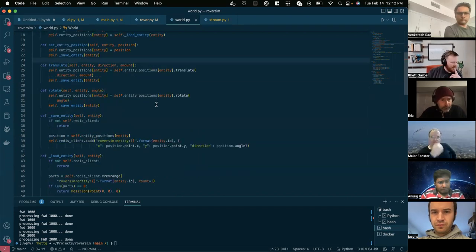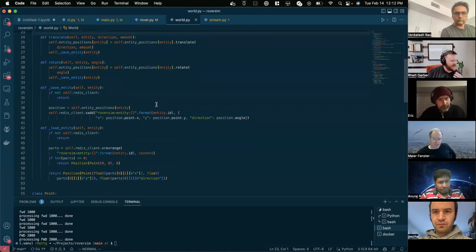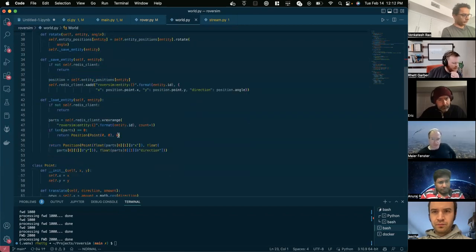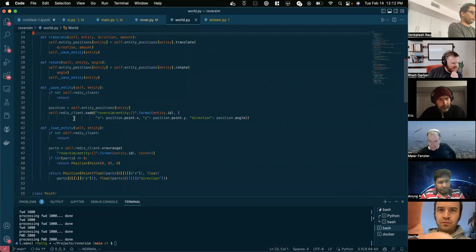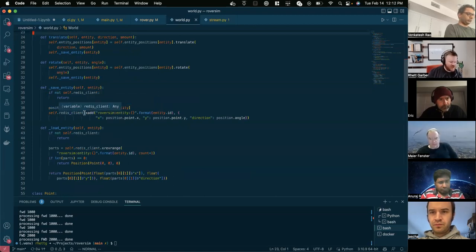And entities can also move. But you can see that anytime my entity gets saved out, it's actually put into Redis. So I have a Redis stream in this case. A stream is just a sequence of records. You can have any number of them. They're all attached with a timestamp kind of ID to them.